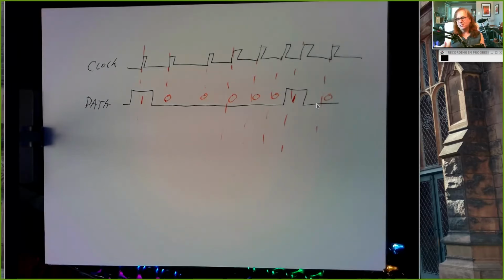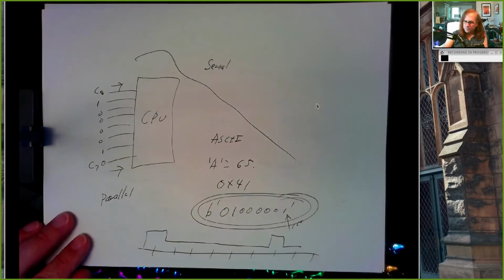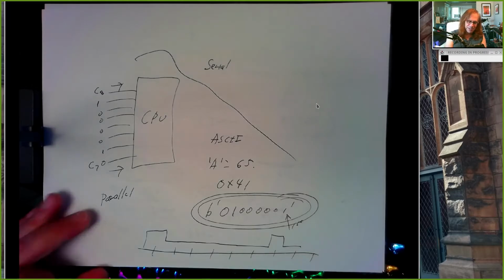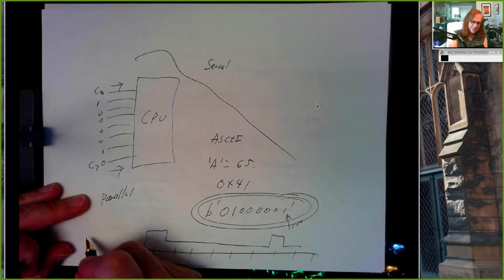So things like I2C, SPI, they use this kind of approach where you have a clock line and a data line. But a very old protocol that uses an understood clock is something called RS-232.